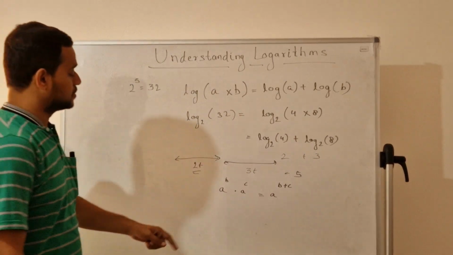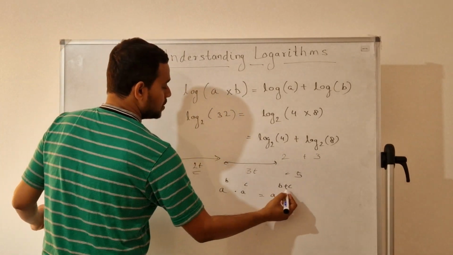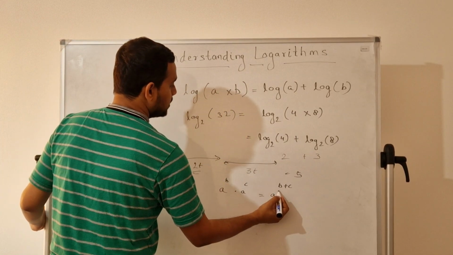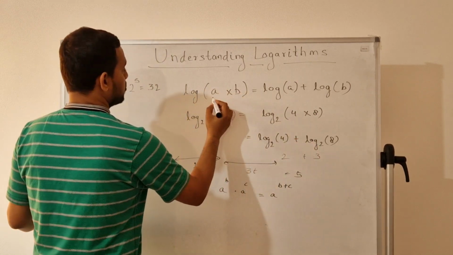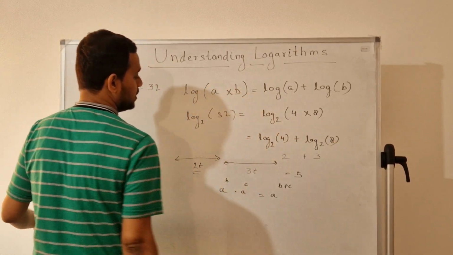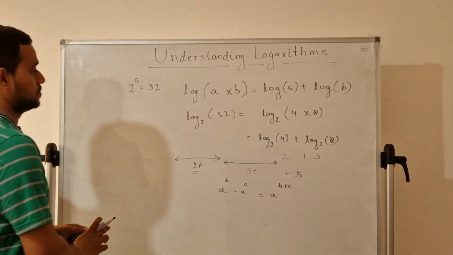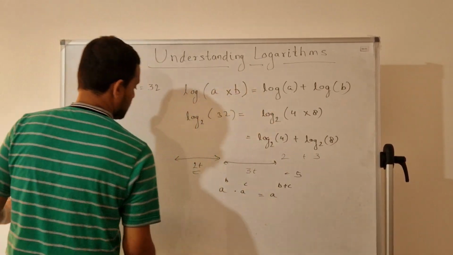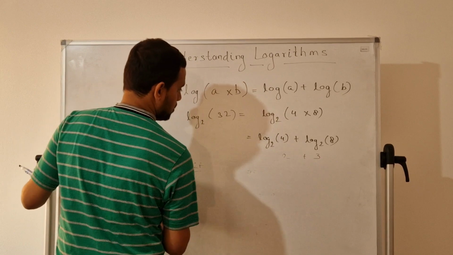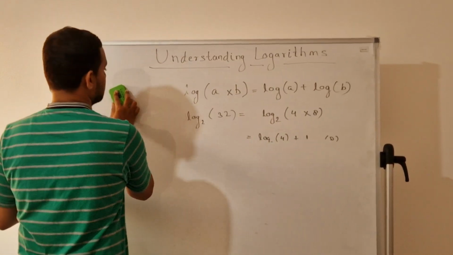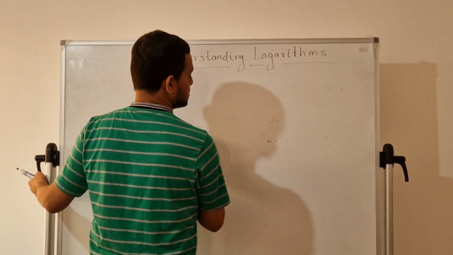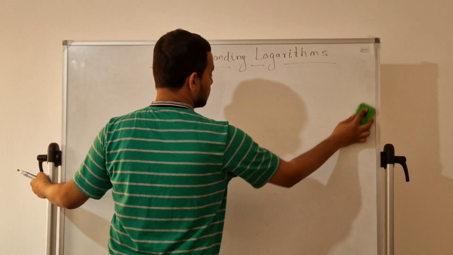It's the same thing. Here we were multiplying and then the indices get added. This is what is happening. You are multiplying, and then they get added in logarithms. Okay. Let's take another example, after this multiplication of powers. We saw the multiplications already.